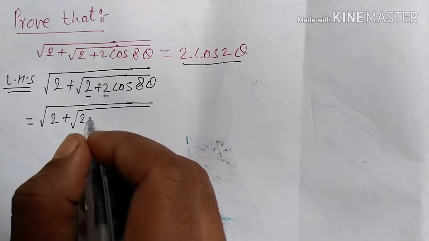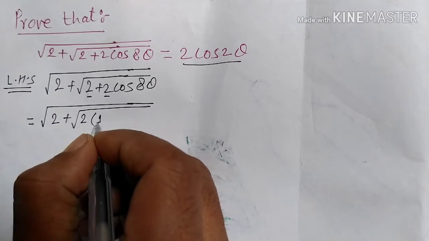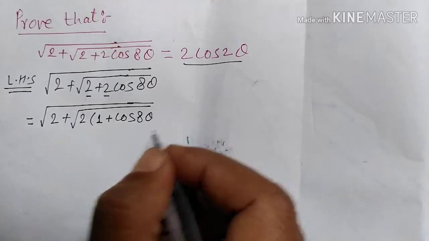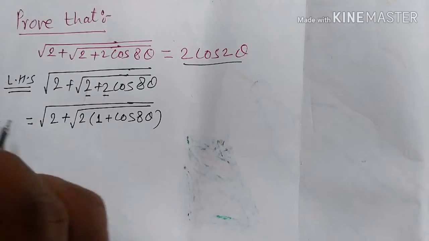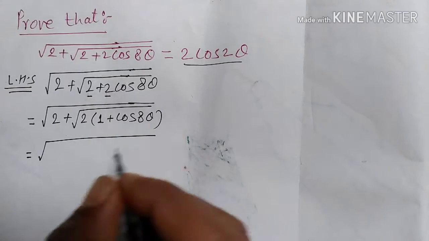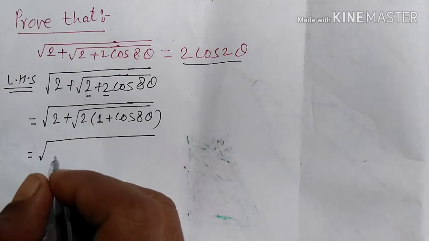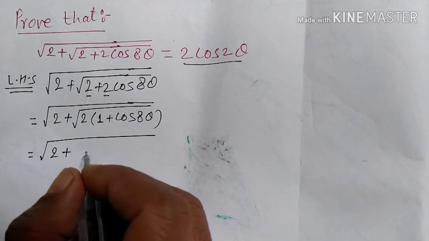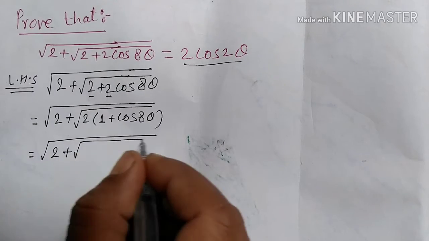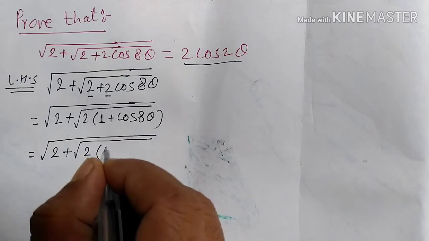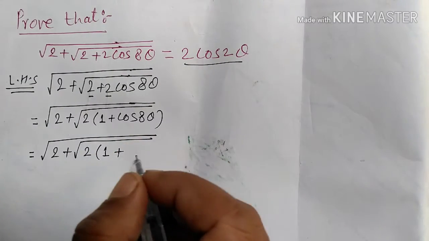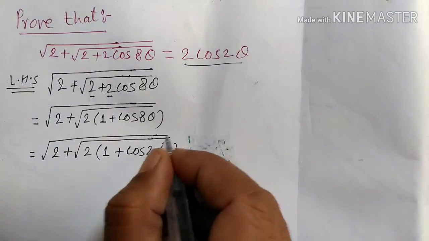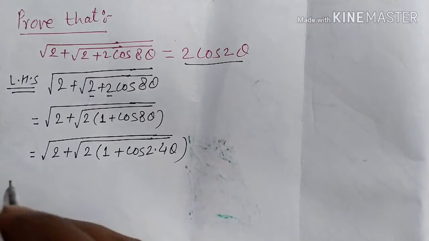If 2 is taken as common, then in place of 2 you will get 1, and the remainder is cos 8θ. So √(2 + √(2(1 + cos 8θ))). Here cos 8θ can be written as cos 2 times 4θ, because 4 times 2 is 8.